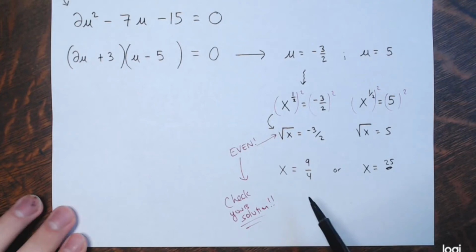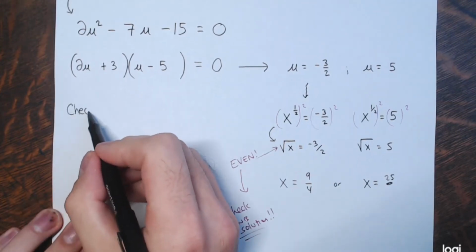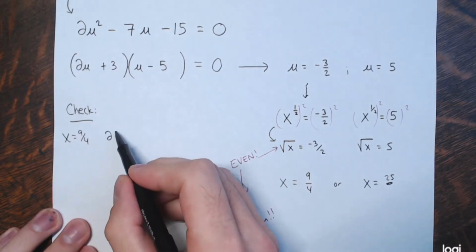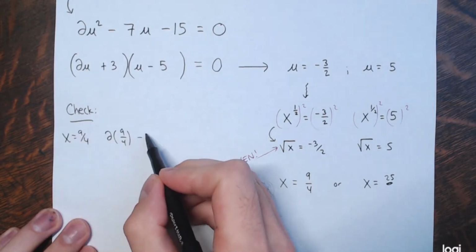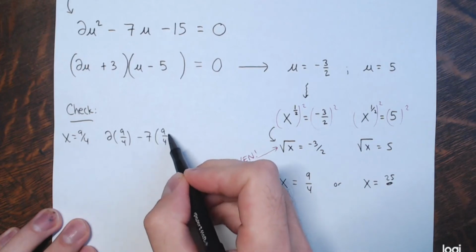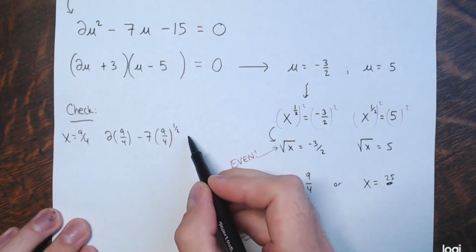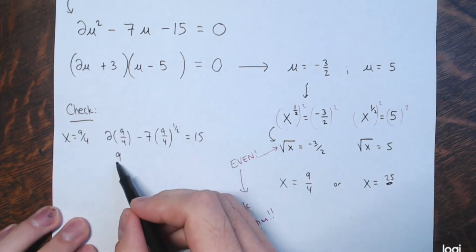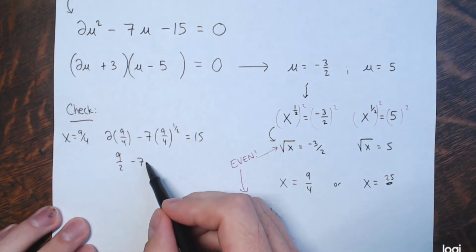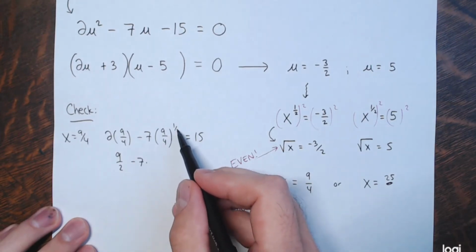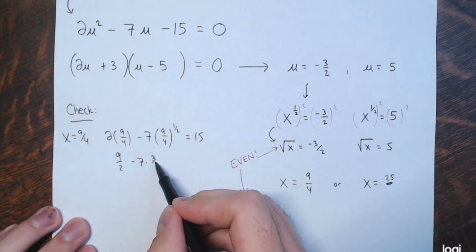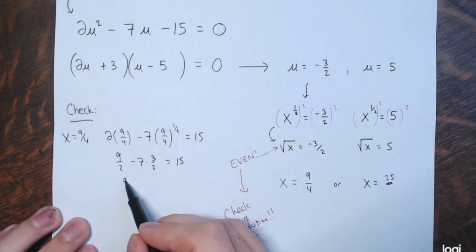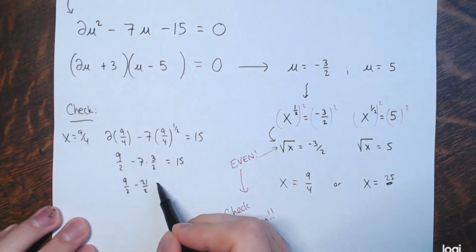Alright, so let's test it out. So here I'm going to check. Let's say x equals 9/4. So we had 2 times 9/4 minus 7 times 9/4 to the half equals 15. Let's see if that's true. This would be 9/2 minus 7 times 9/4 to the half power. The square root of 9/4 would be 3/2. Is that equal to 15? Well, that's 9/2 minus 21/2 equals 15.